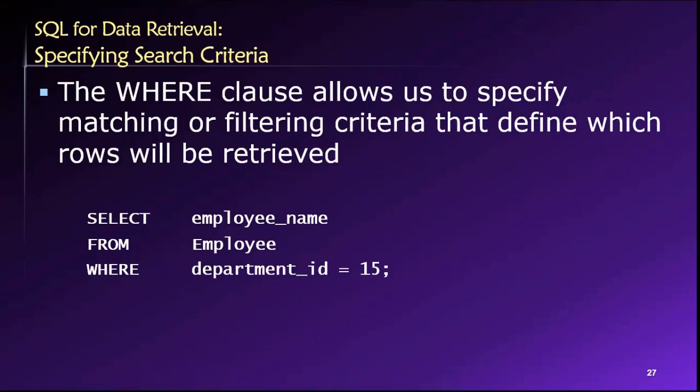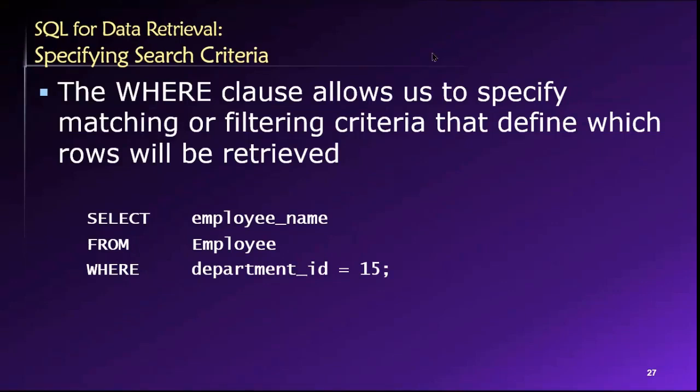And then we next saw it with the delete from statement, where we were limiting which rows would be deleted to the criteria specified by the where clause. And now we're seeing it with select. And in this case, it's limiting the results that will be returned to those that meet our filtering criteria.